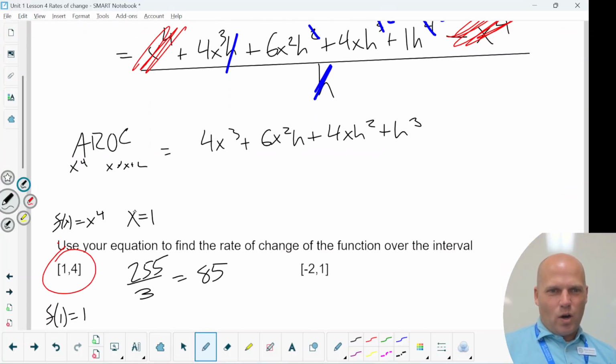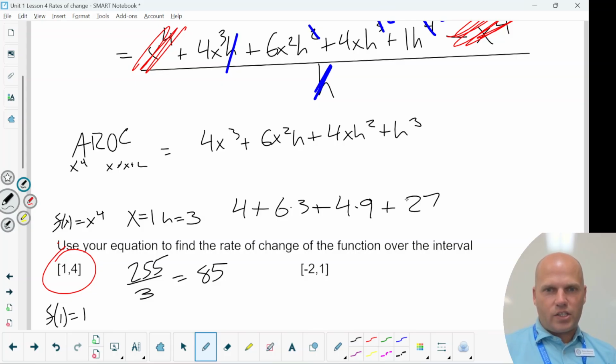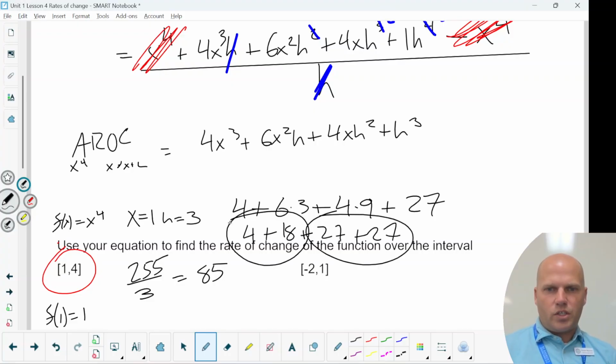When x is 1 and h is 3, I'll get 4 plus 6 times 3 plus 4 times 9 plus 27. 4 plus 18 plus 27 plus 27. What did I screw up on? x is 1, h is 3. 1, 6, 3, 9.